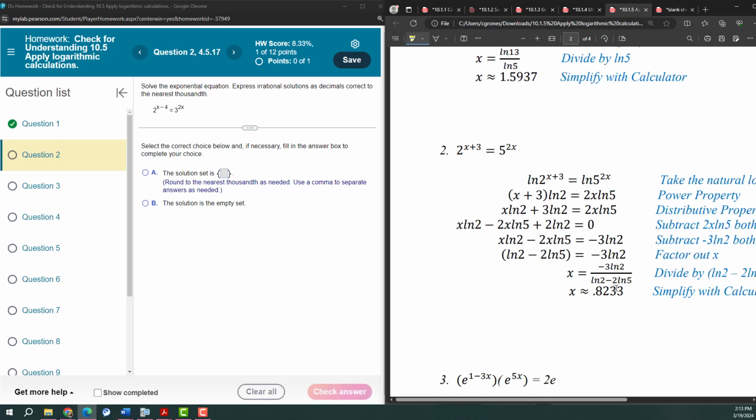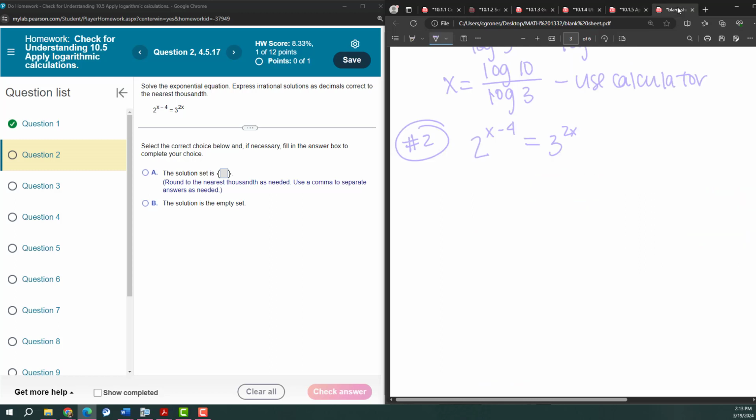So if you look at your examples, they are using the natural log. So we are going to do our natural log of 2, and I'm going to go ahead and bring our exponent to the front. And then I've got the natural log of 3, and then I'm going to bring my exponent to the front again.